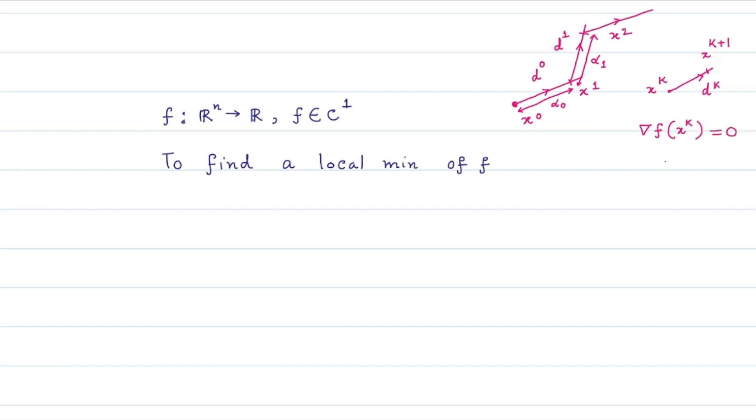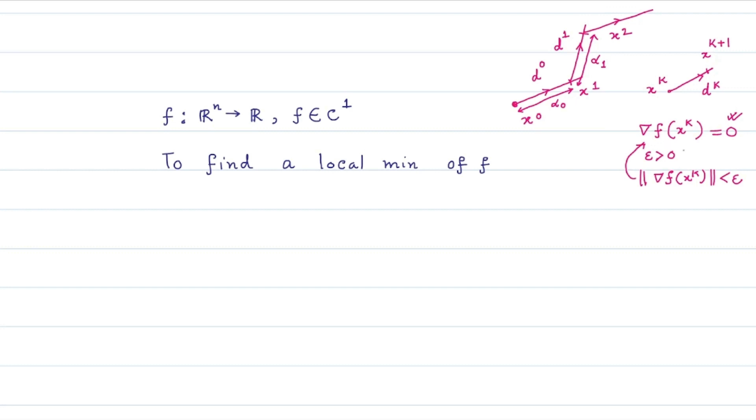In numerical computation, identification of a point xk at which this exact equation is satisfied is rarely possible. What we do is consider a precision, say epsilon greater than 0, and we endeavor to identify a point xk at which the norm of the gradient of f at xk is less than epsilon.